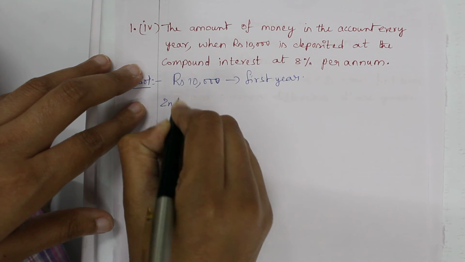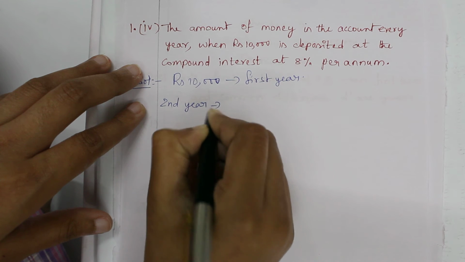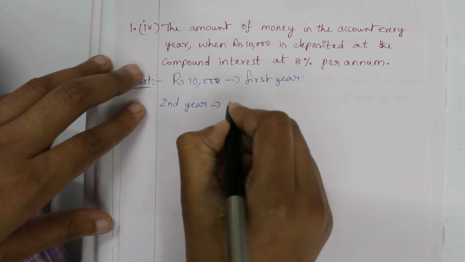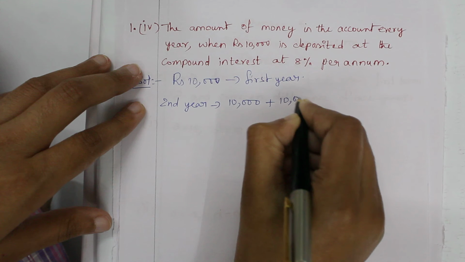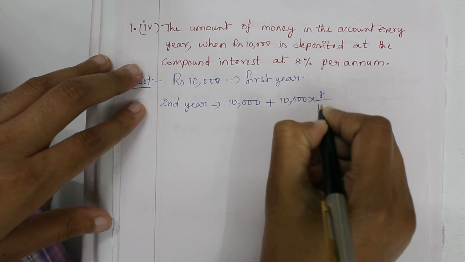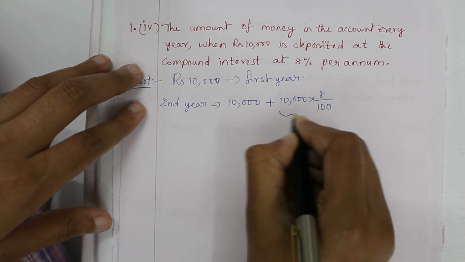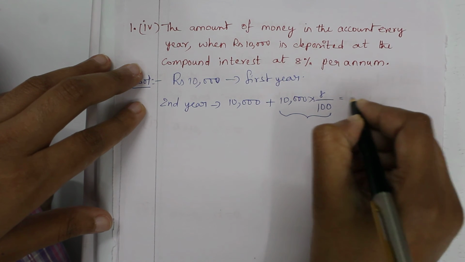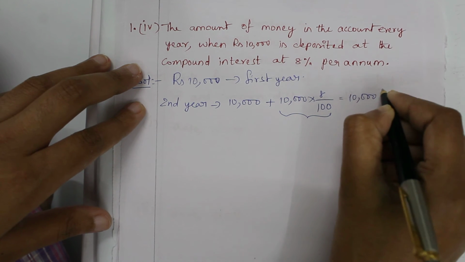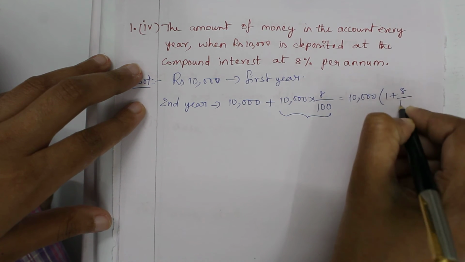And the second year, what would happen? It increases by 8%. So 10,000 plus 10,000 into 8 by 100. This is the increase, 8% of 10,000. So that is equal to 10,000 into 1 plus 8 by 100.